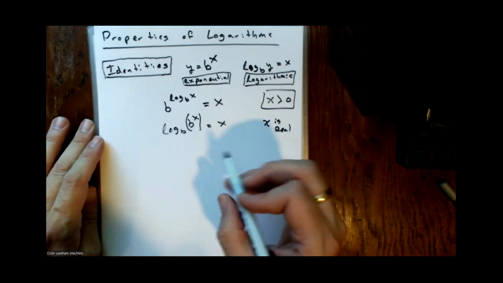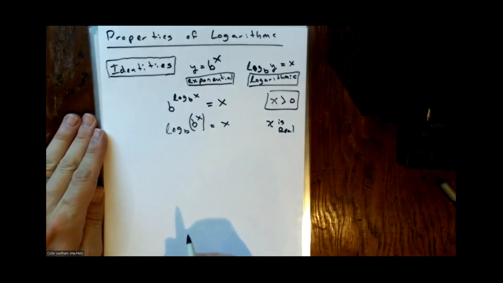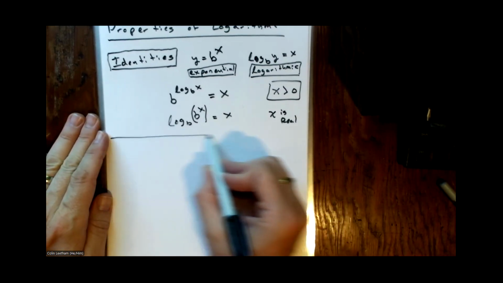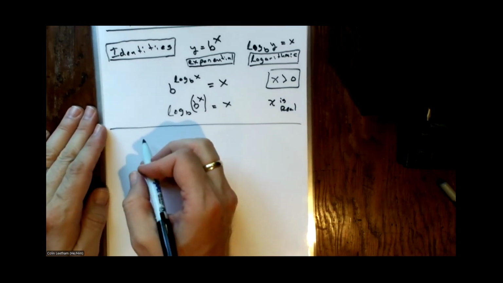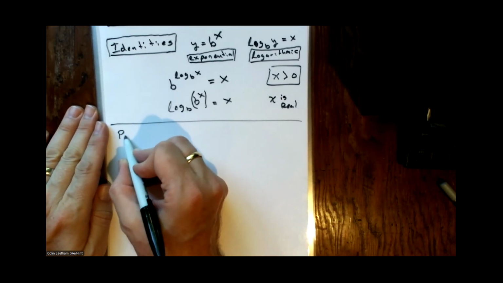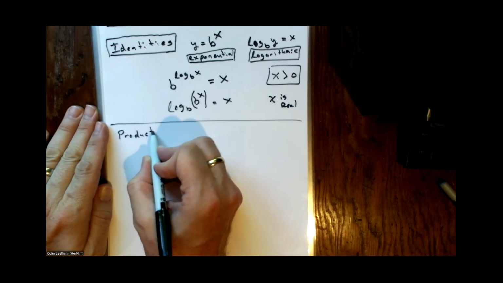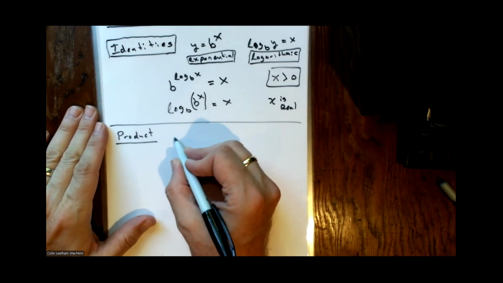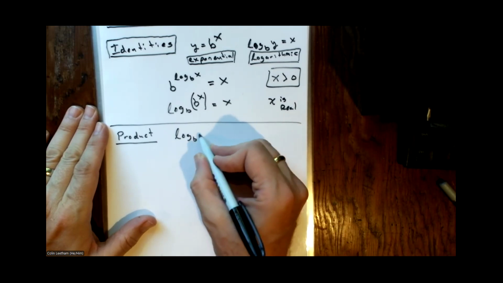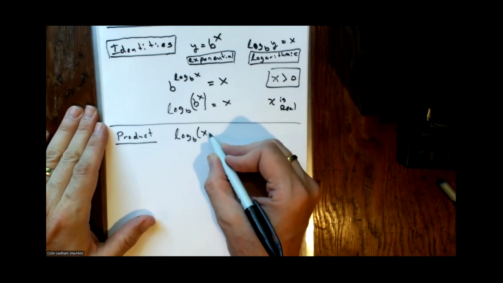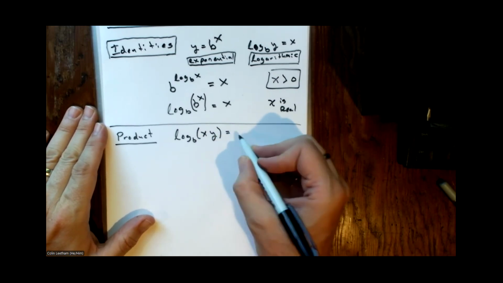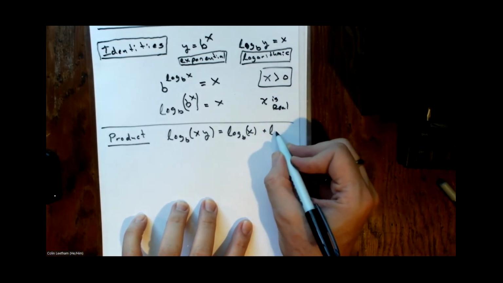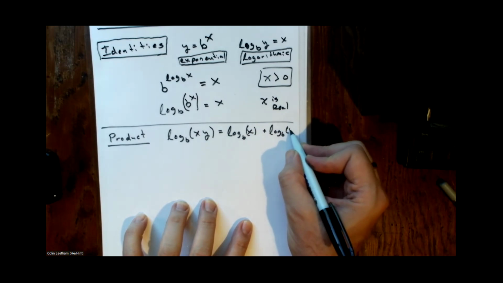So these are a couple identities, and these are useful for us later on. But let's talk about our three main properties, and I might throw in a fourth one there. The first one is our product rule. The product rule for a logarithm is that if I've got a log with a base b of a product, let's just call it x times y, this is going to be equal to the log base b of x plus the log base b of y.